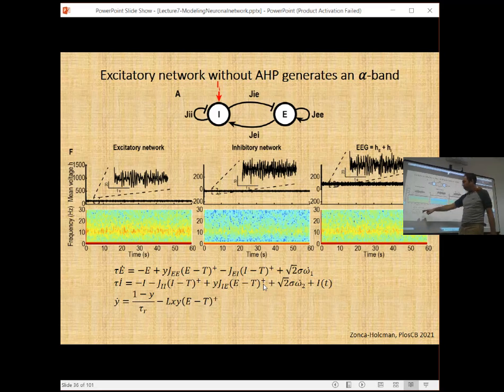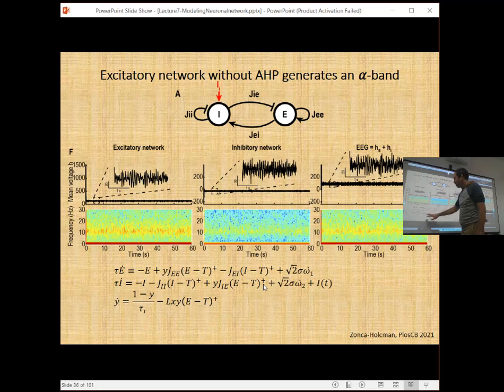So again, how do you do this? Excitatory neurons, they are excited, so you do a mean field model. This is one neuron activated, one inhibitory ensemble that is going to inhibit one excitatory ensemble. So here you have the depression.